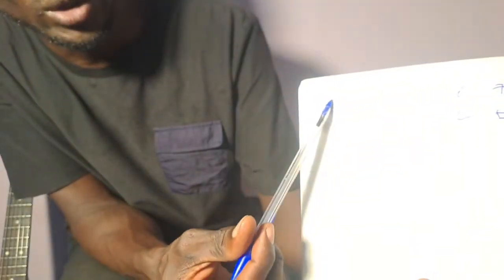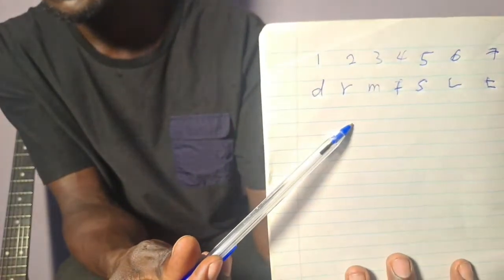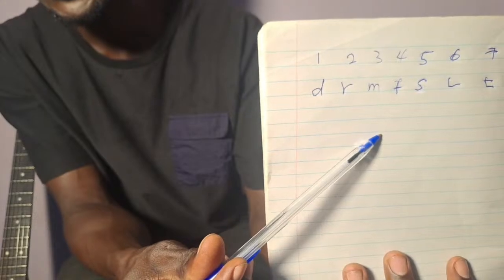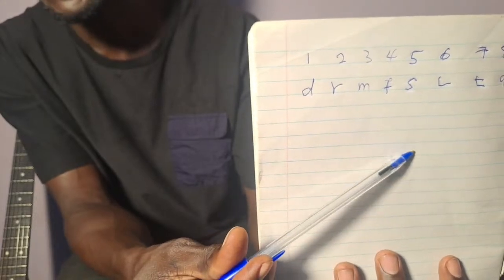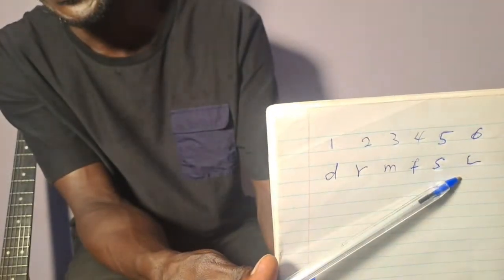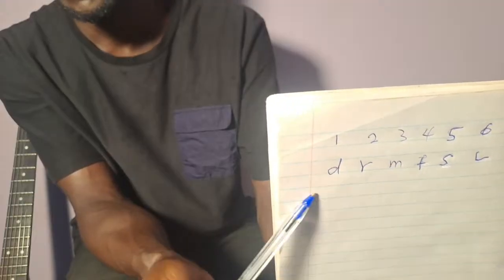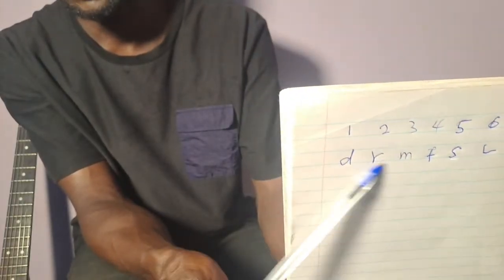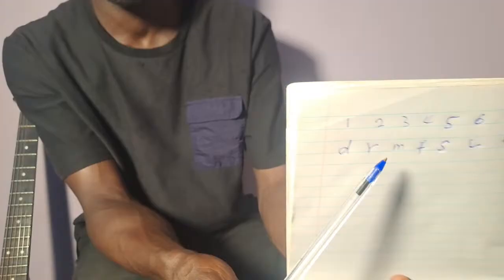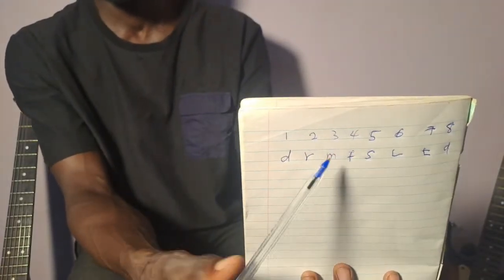So Do is 1, Re is 2, Mi, 3, Fa, 4, Sol, 5, La, 6, Ti, 7. Then back to the Do again, that is the 8. So 8 and 1. From what you've written or from my paper or book here, you can see that the Do 1 and the Do 8, they are the same. So let's continue.